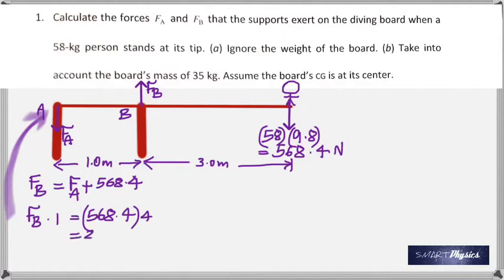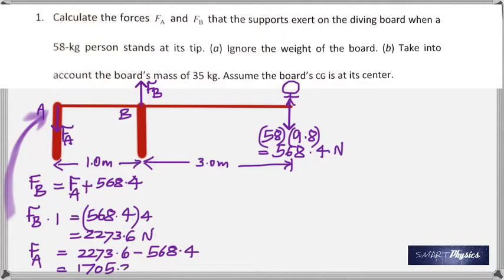From there, you get Fb. Once you get that, substitute it back into the first condition and get Fa. It's going to be this take away 568.4. So that is 1705.2.